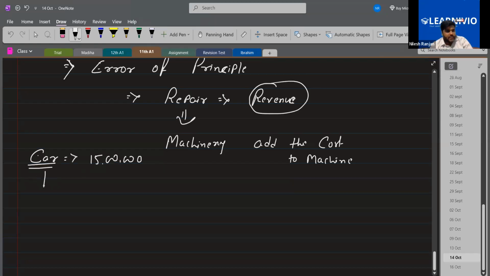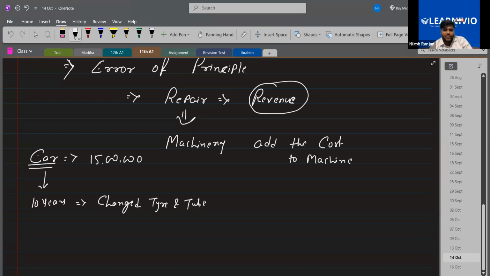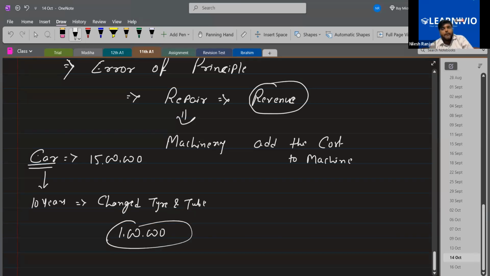Now after 5 or 10 years, let's say you have changed all tires and tubes. If it is a tubeless tire, then no tube, but yes, changed all tires and tubes. In this situation, the new cost was, let's say, 1 lakh. This is very much, but let's say 1 lakh rupees. Now, what should we do with this 1 lakh rupees? Is it a simple expense, or will it be added to the car cost? Means you can say now that your car cost was 16 lakh.